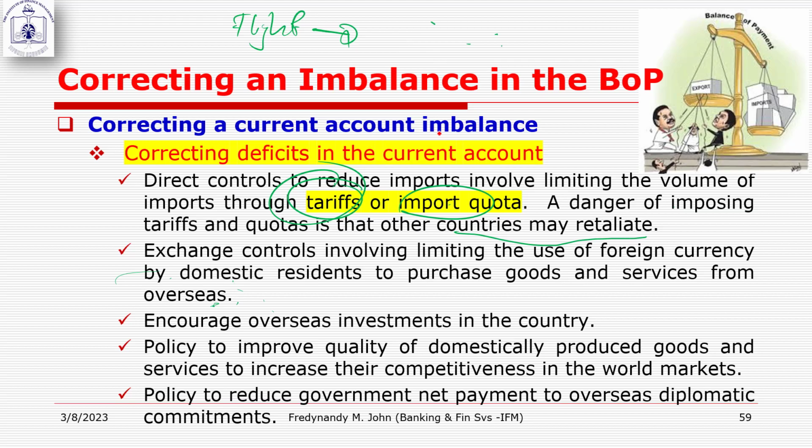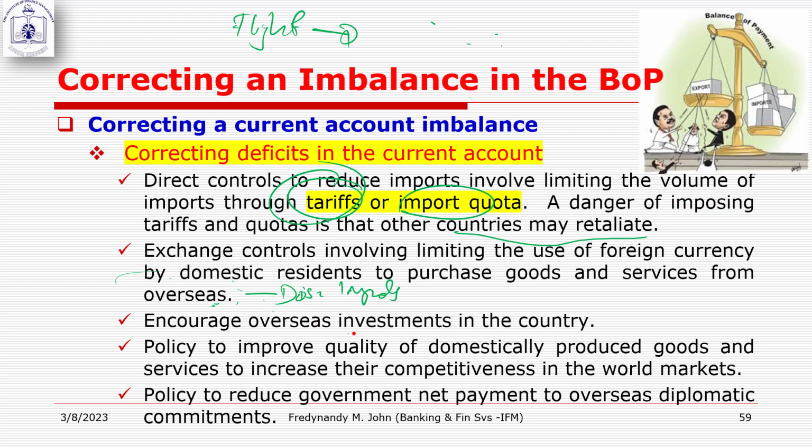Exchange control involving limiting the use of foreign currency by domestic residents to purchase goods and services from overseas. That can as well be used to correct the current account deficit. So here, technically what you do is to discourage imports.